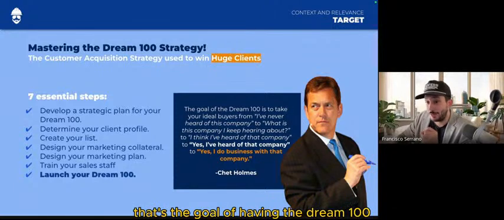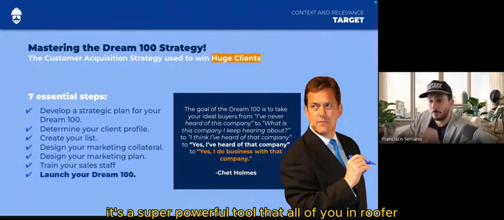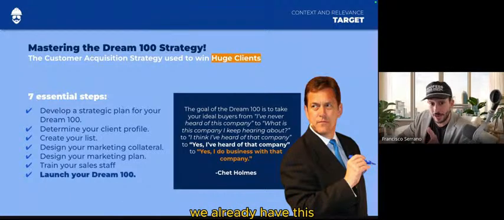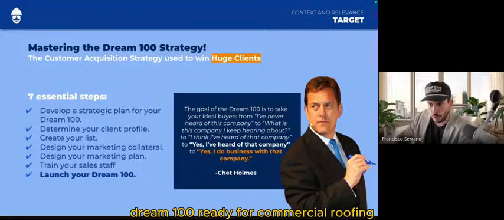That's the goal of having the Dream 100. It's a super powerful tool. For all of you in Roofers Going Digital who are our partners, we already have this Dream 100 ready for commercial roofing.